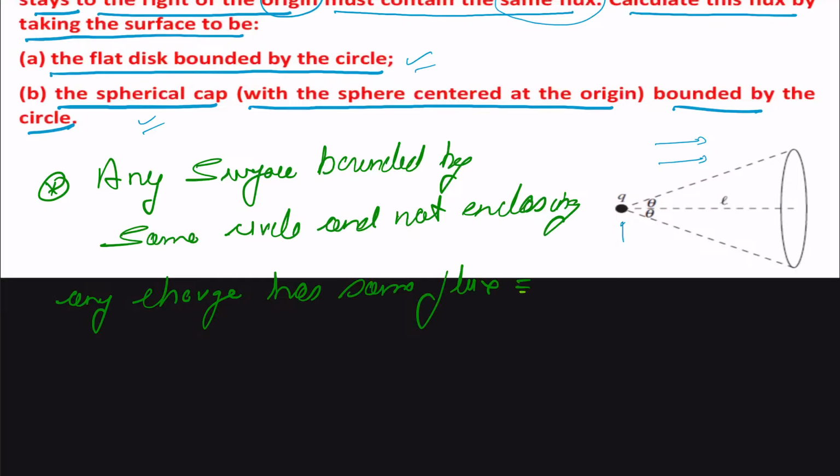So it means both part A as well as part B are going to have the same answer, because the charge is not enclosed by any of the surfaces. So the flux passing through both will be the same. And so let us start with the solid angle, then we come to the more traditional way.